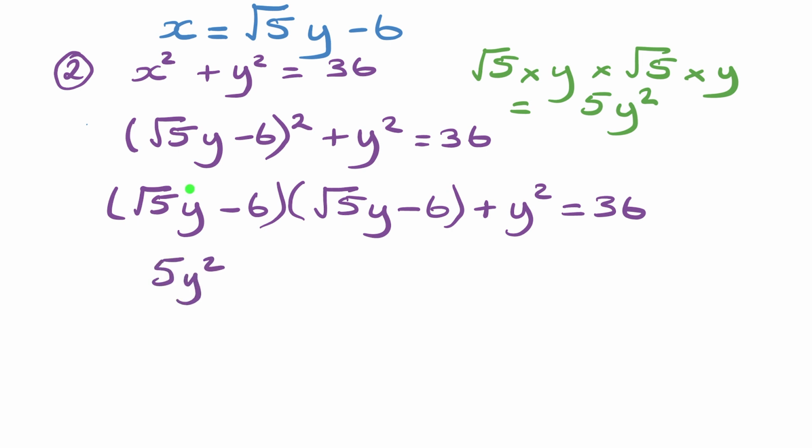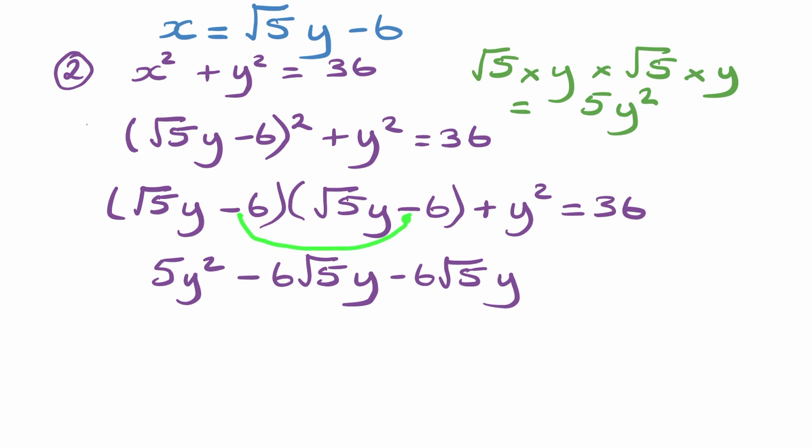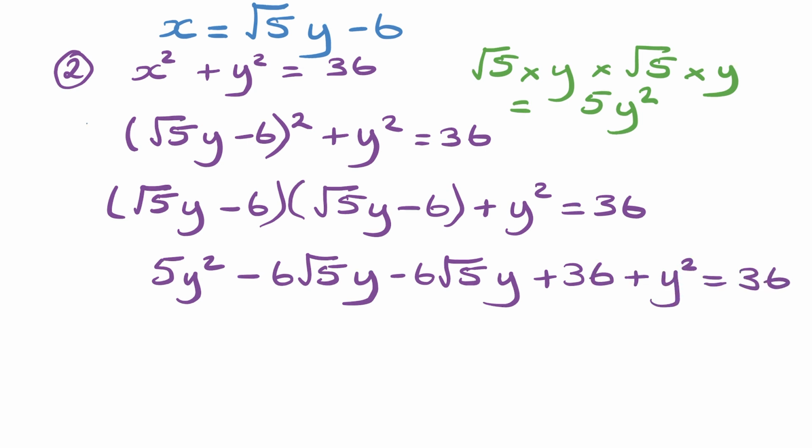Then we have root 5y multiplied by negative 6, and that's minus 6 root 5y. We have the same again here, minus 6 root 5y. And then lastly, we have the negative 6 multiplied by another negative 6. That's going to give us positive 36. Add our y squared, equal to 36. Remember, like terms are terms that are like each other.